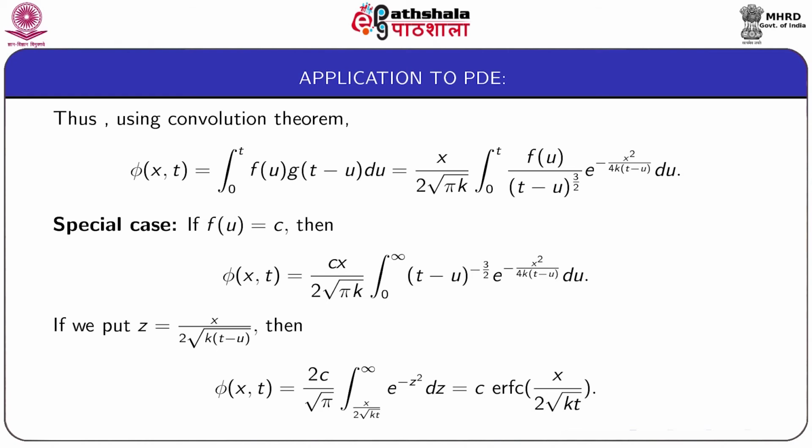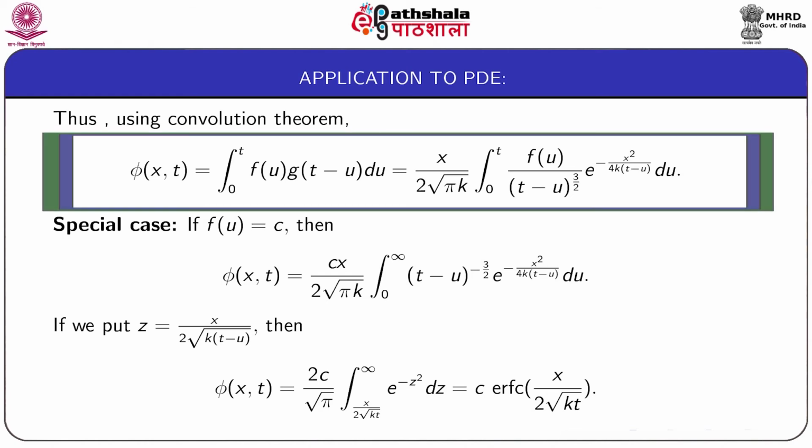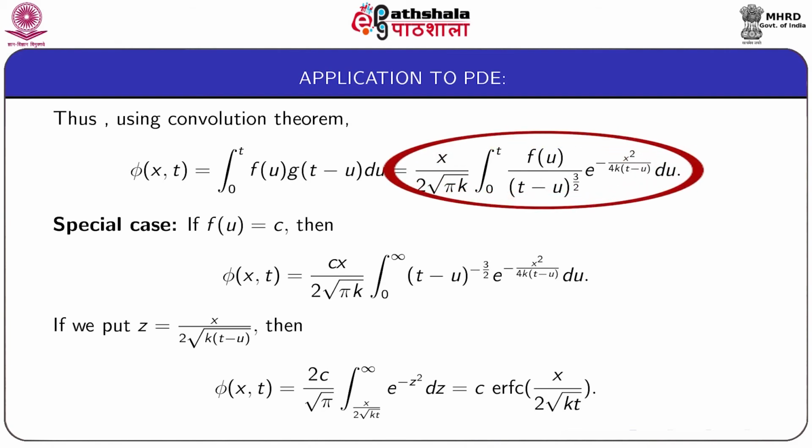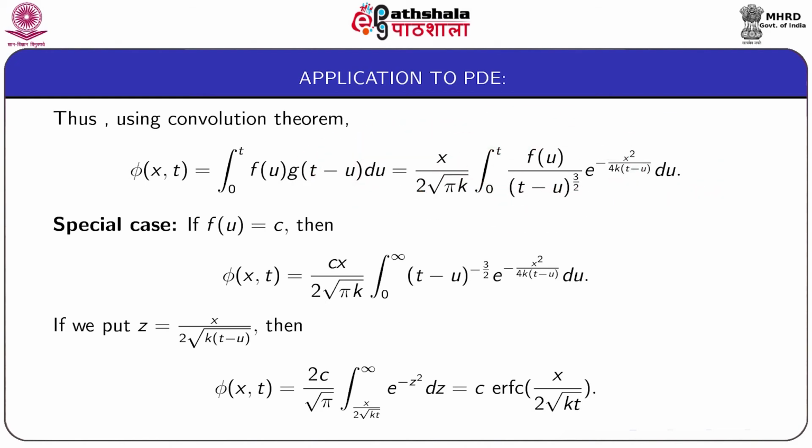And this gives φ(x,t) equal to the integral from 0 to t of f(u) g(t-u) du, and that is equal to (x / 2√(πk)) times the integral from 0 to t of f(u) / (t-u)^(3/2) e^(-x²/4k(t-u)) du.